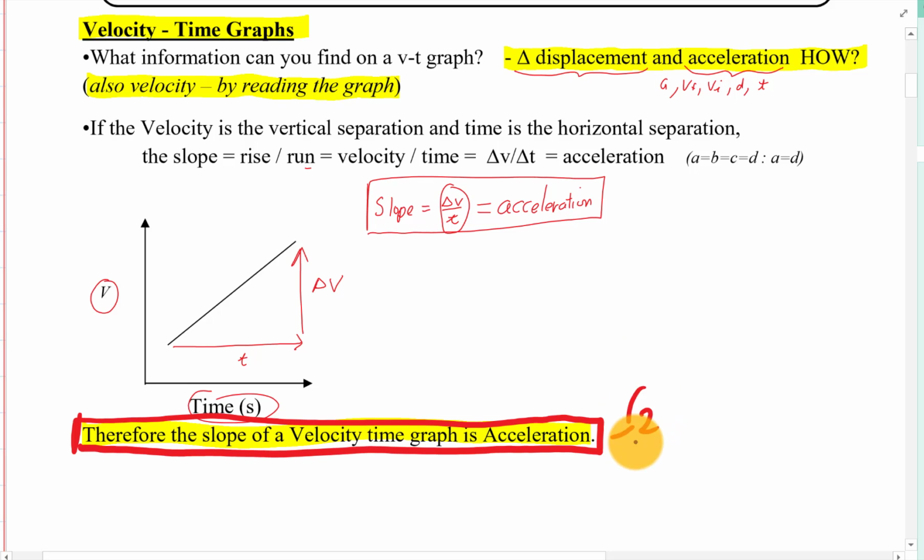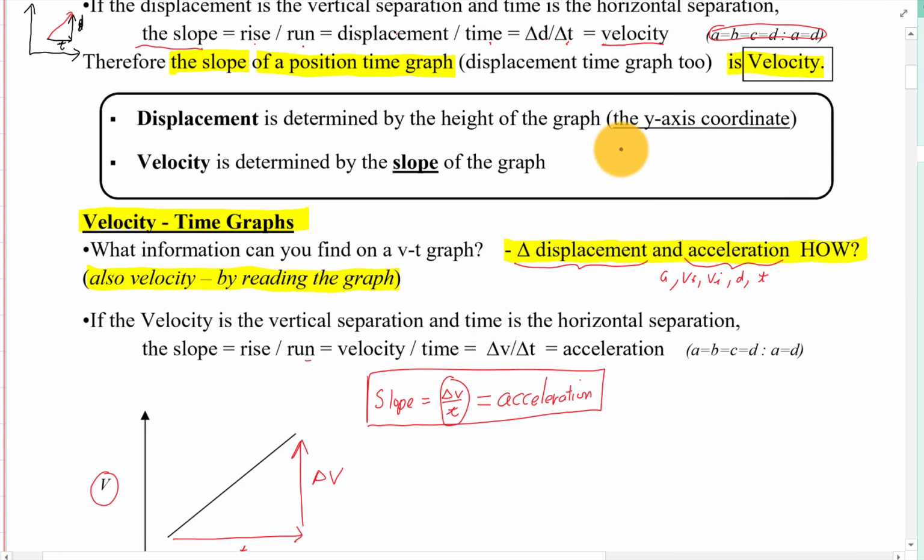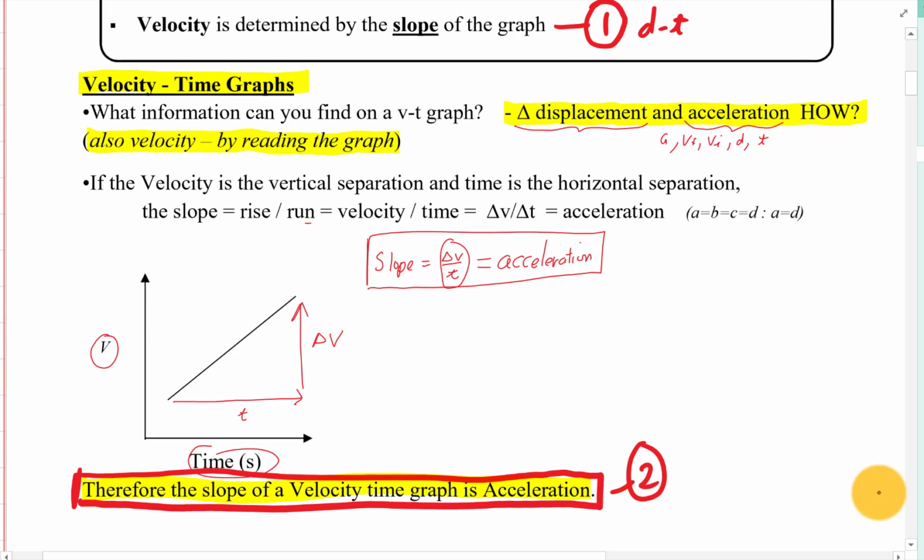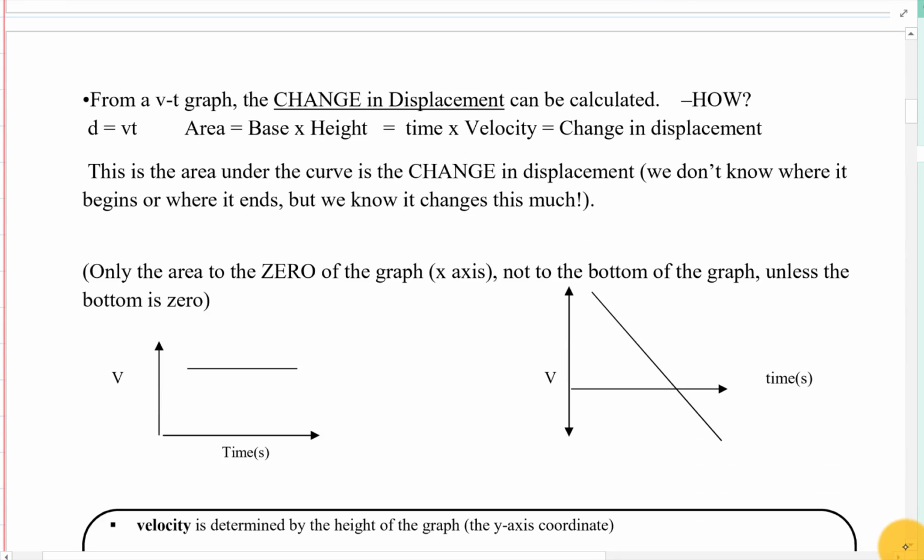That's rule number 2. This is rule number 1. This is the slope of a DT graph. The slope of a VT graph, velocity time graph, is acceleration.